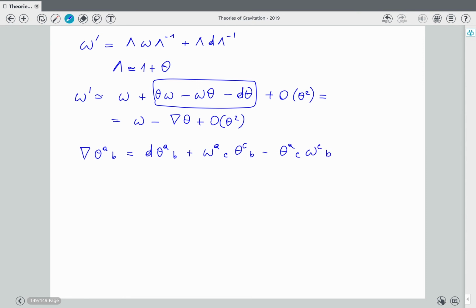So it's precisely the covariant derivative. So things conspire nicely to write down nice formulas.